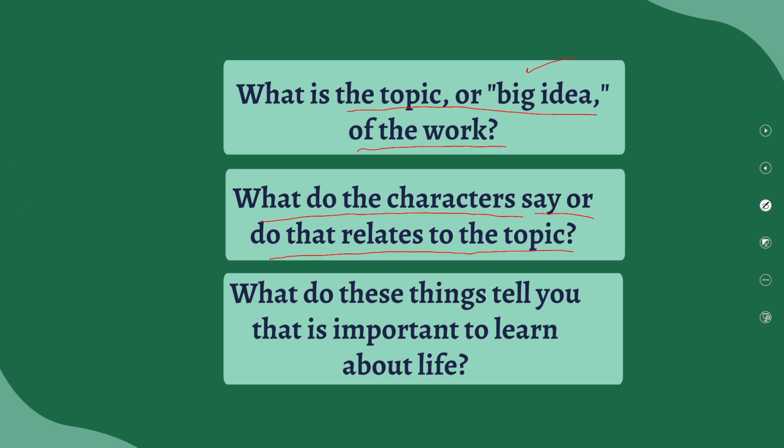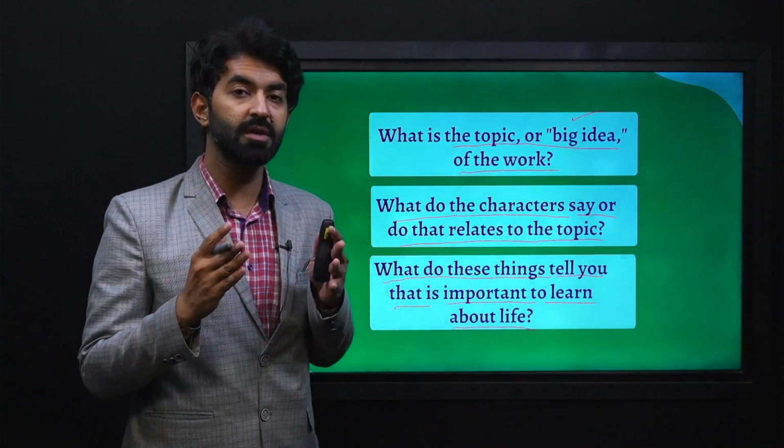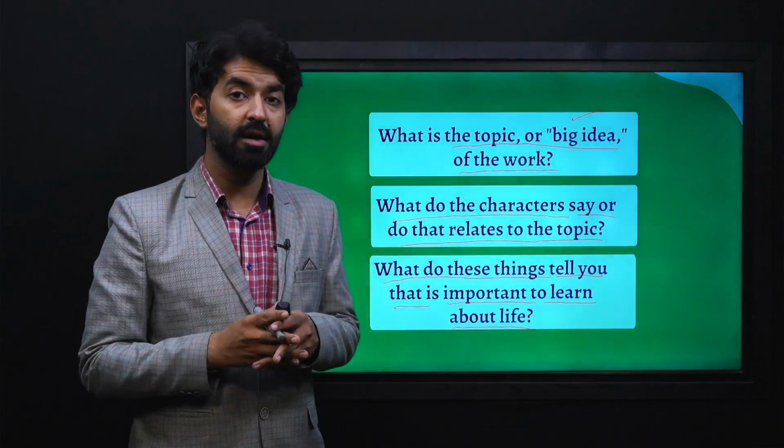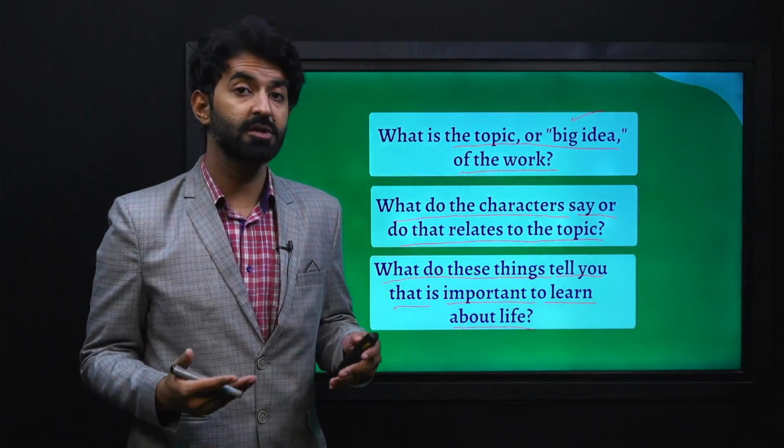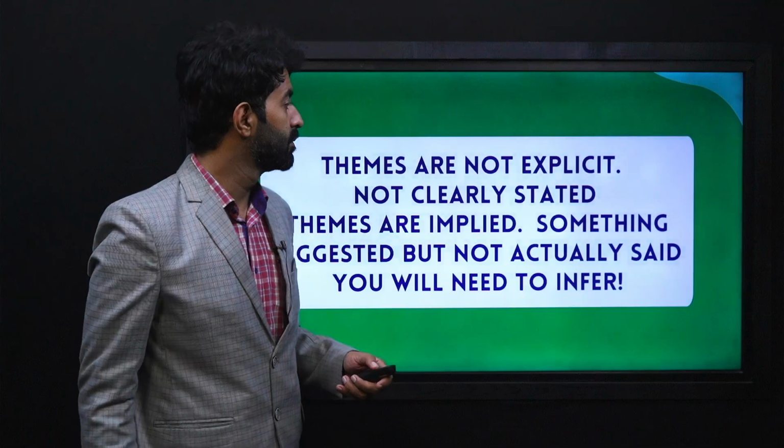That will also be our theme. These things tell you what is important to learn about life. So answering all these questions, you can easily go to the theme and you can identify and find the theme of any work and specifically any poem.